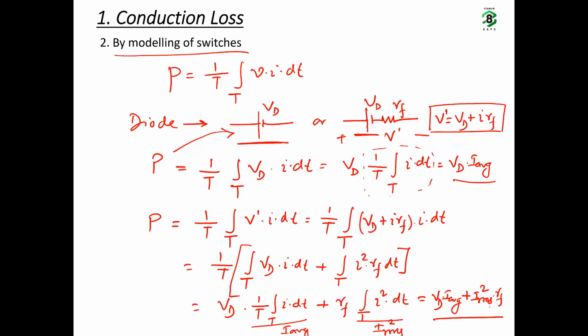Suppose the switch is modeled as only a resistance, like in the case of a MOSFET. Why are we representing the equivalent of a MOSFET by just a resistance? When the current flows through the MOSFET, there is no PN junction, unlike a diode. In a diode we have one PN junction, so we have to mention the junction voltage, represented here as Vd.